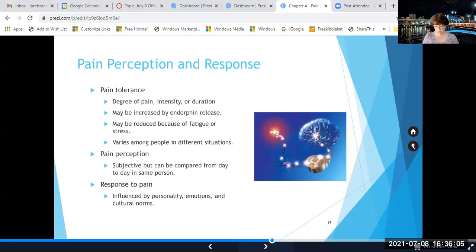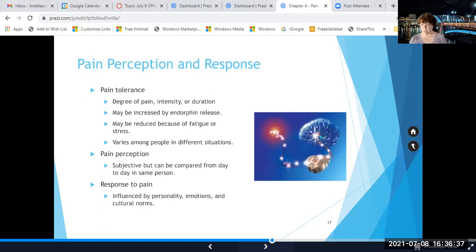Sometimes prior unpleasant experiences and anticipatory fear or anxiety can lower someone's pain tolerance and magnify the extent of their pain response. The other thing that can magnify a person's pain response is neurological sensitivity syndromes, which we'll talk about more later. But anxiety, fear, and stress can increase the severity of pain because the central nervous system is at a heightened level of awareness.